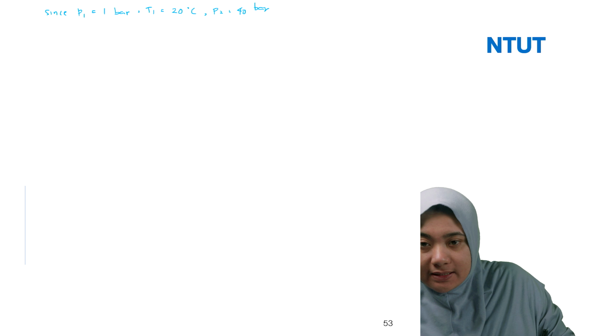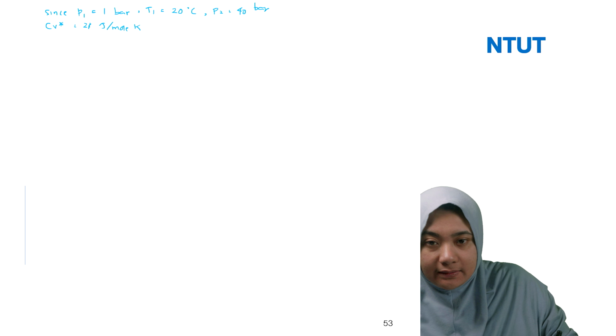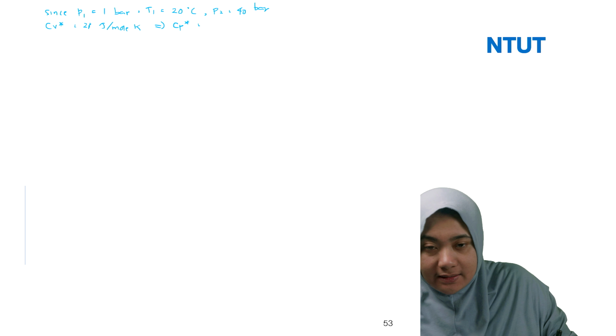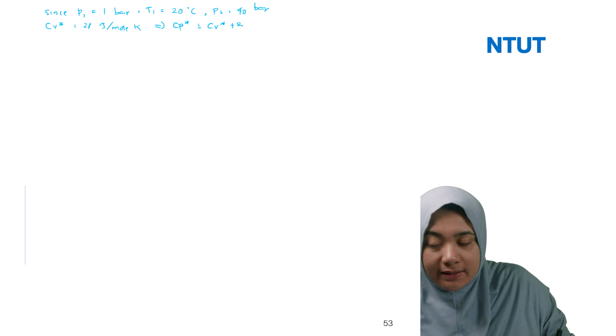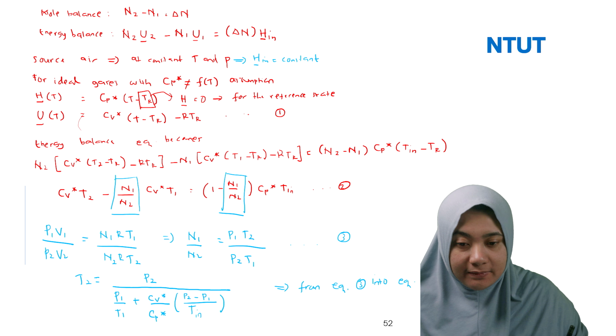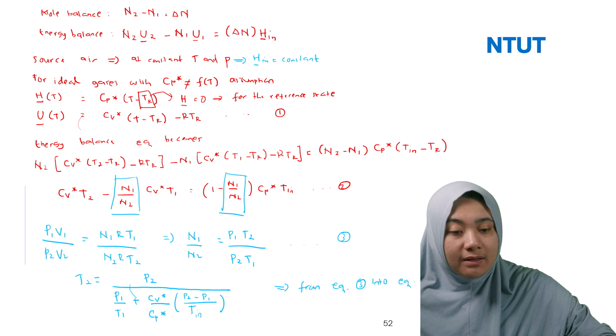And then we can see Cv asterisk is 21 joule per mole K, and we can calculate Cp asterisk from Cv asterisk plus R. So then we can calculate T2 from the previous equation, from equation 3 into equation 2.